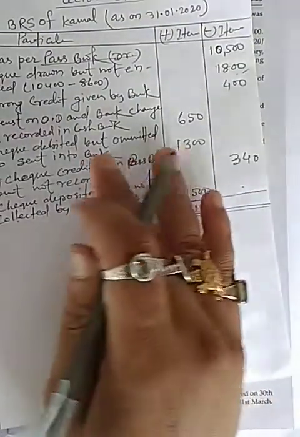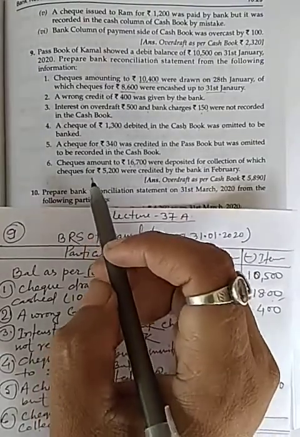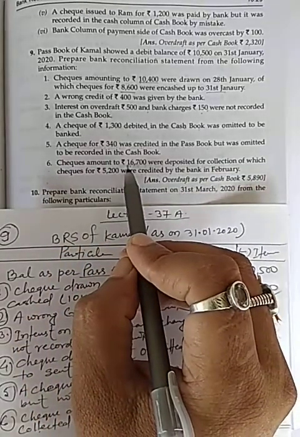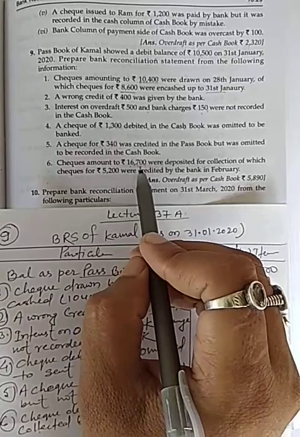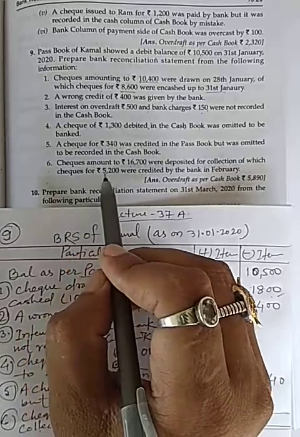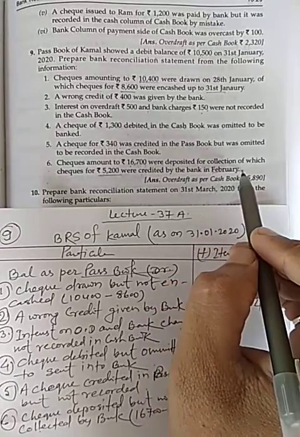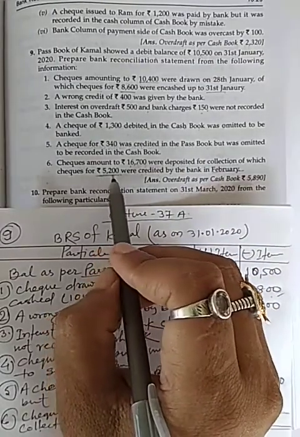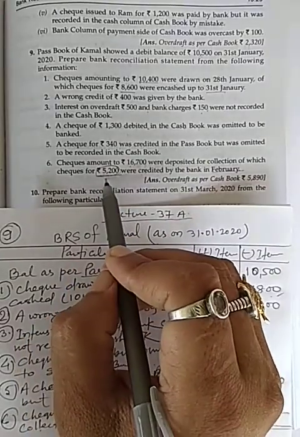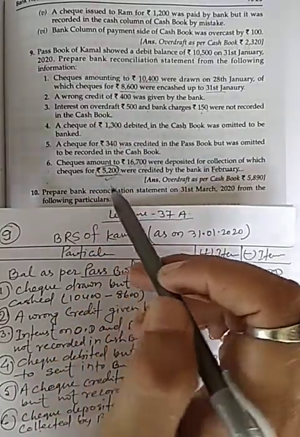One mistake has occurred, student. Question is saying, sixth point, check amount to 16,700 were deposited for collection, of which check for 5,200 were credited by bank in February. It means 5,200 were not credited in January, only 5,200.